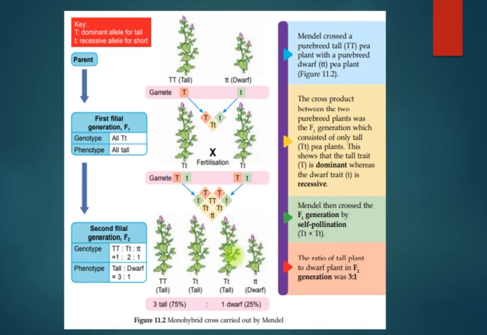Three out of 4 are tall, 1 out of 4 is dwarf. Over 75% of them are tall, and 25% of them are dwarf. So that is the monohybrid cross carried out by Mendel.